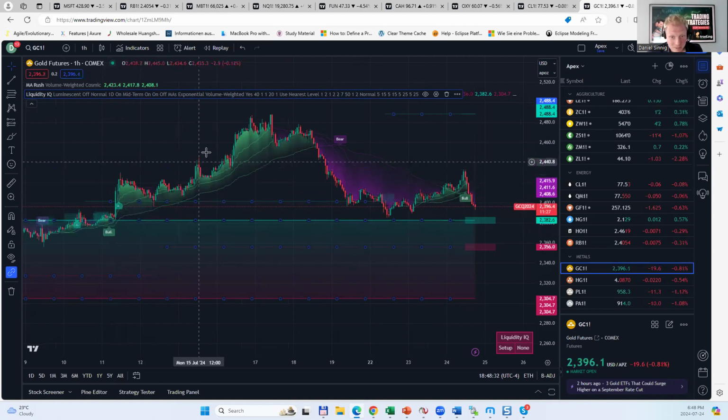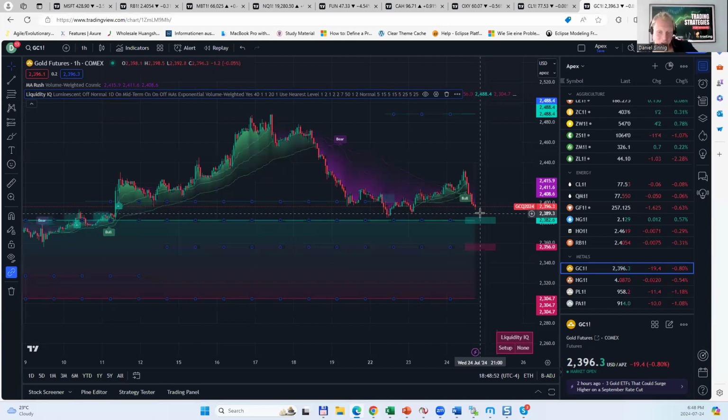We then went up, then retracement back to the broken zone. We had a zone break retrace setup. Price bounced off again. Momentum shifted to bullish. And now we're retracing back to the zone again. And you know what? I kind of like this setup as well for potentially another long trade in gold.